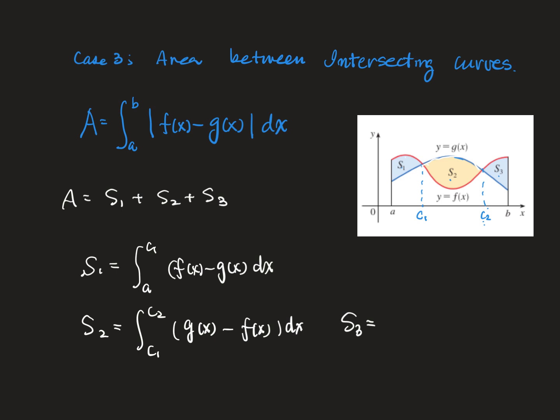S3 has upper curve f of x minus g of x, over the interval c2 to b, dx. Why do we do it this way? Because area can't be negative. Just keep in mind, when curves intersect, you have to check which curve is up and which is down.